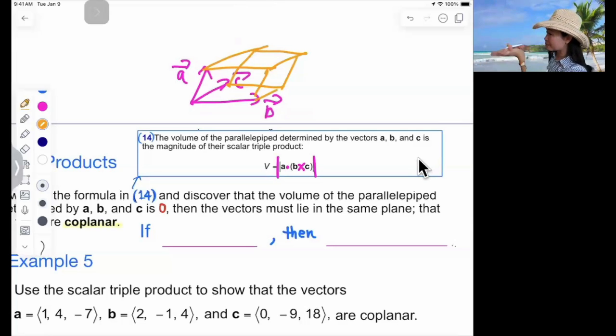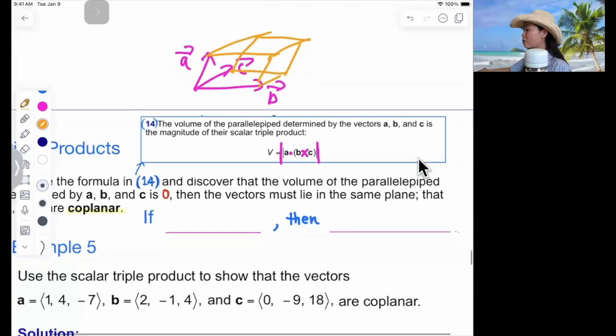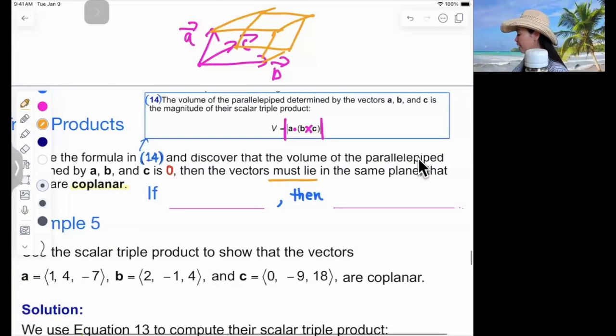it's going to collapse, right? The parallelepiped smashes down and becomes one plane. So what happened to A, B, and C? All of them must lie in the same plane.